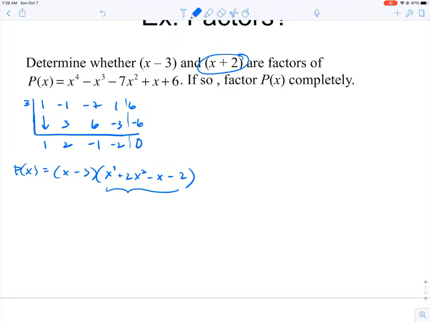So instead of doing synthetic division with the coefficients of p of x, I'm going to do synthetic division with these coefficients of x cubed plus 2x squared minus x minus 2. Okay, bring the 1 down.